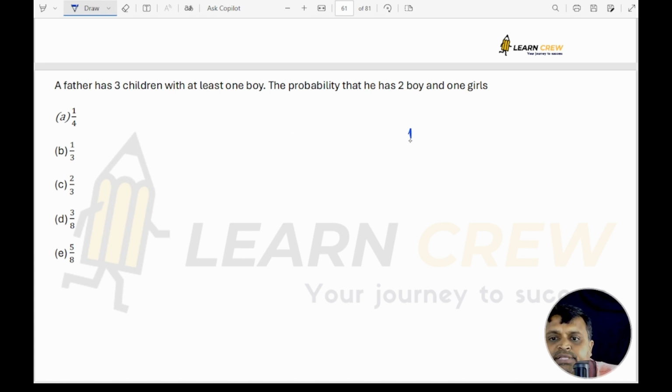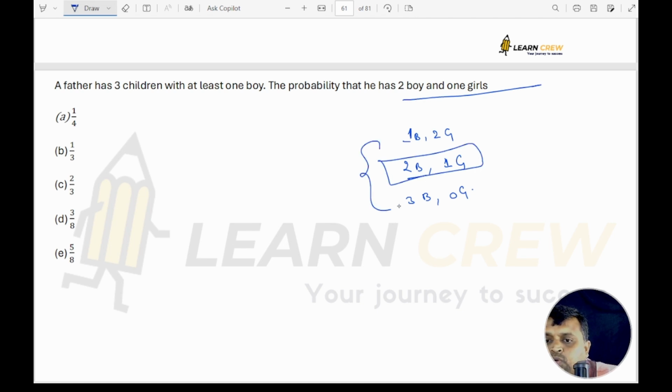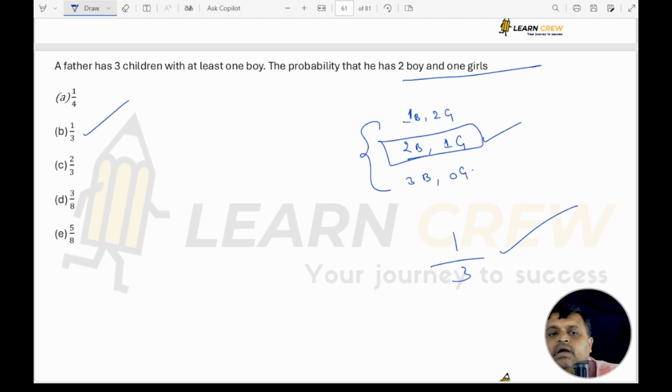At least 1 boy means 1 boy 2 girls, or 2 boys 1 girl, or 3 boys no girl. The desired case is 2 boys, 1 girl. So the total sample space is 3 and your favorable outcome is 1. So 1 by 3 is the answer.